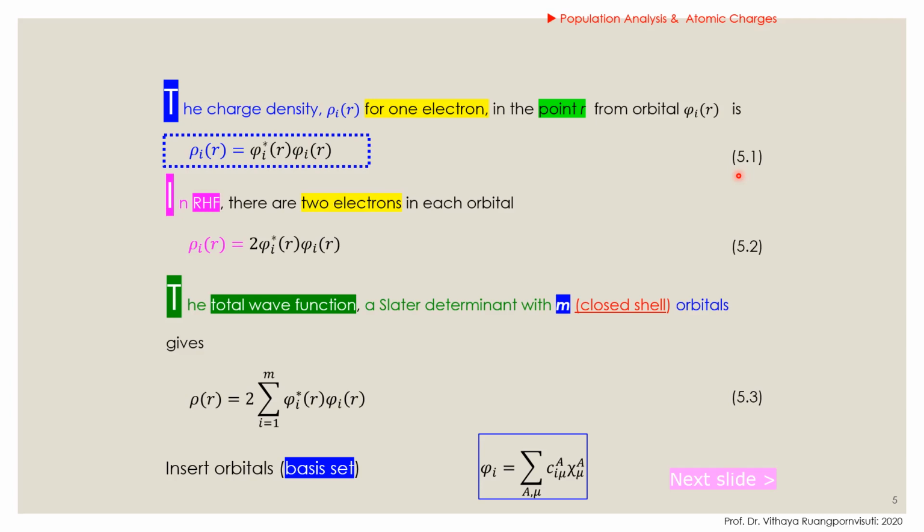Therefore, the charge density can be double the value of the 1 electron, as shown in equation 5.2.